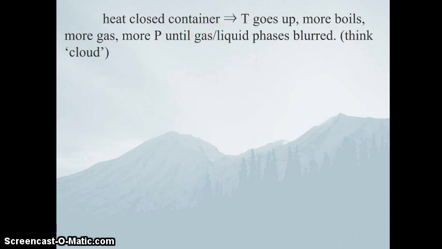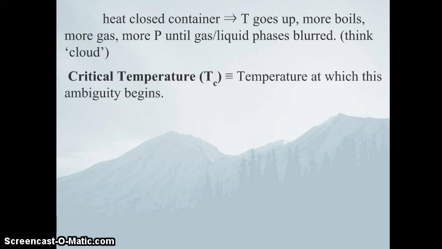The easiest way to think about it is sort of like a cloud or a fog. Fog is not a case of this, but it looks like a liquid and a gas all at the same time. It has the solvent properties of a liquid, but it has the fluid properties and the expansion properties of a gas.